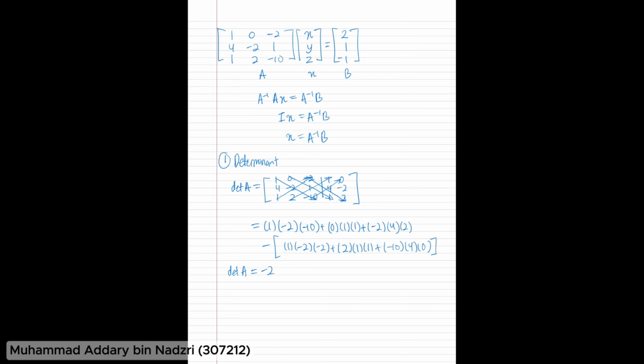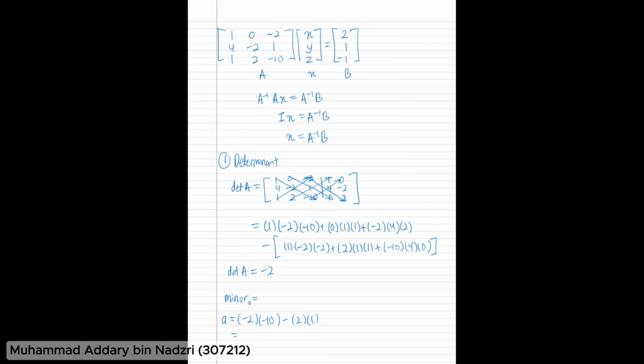Furthermore, we are going to find the minor. Now, the minor, we actually need to find one by one, for elements in A, B, C up until I. For A minor is equals to -2 times -10 minus 2 and 1.